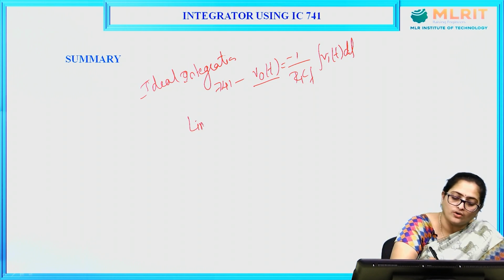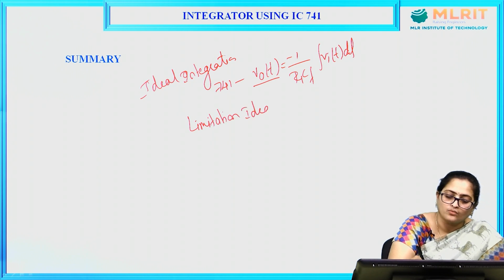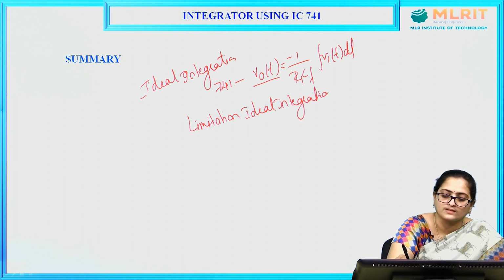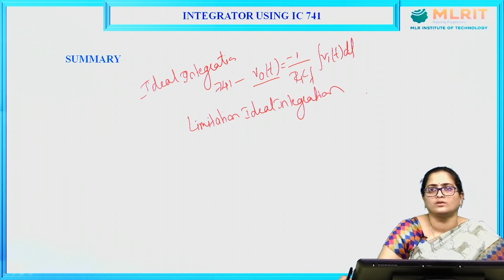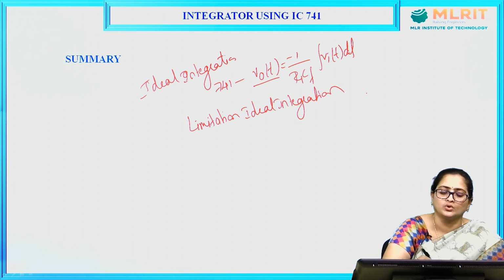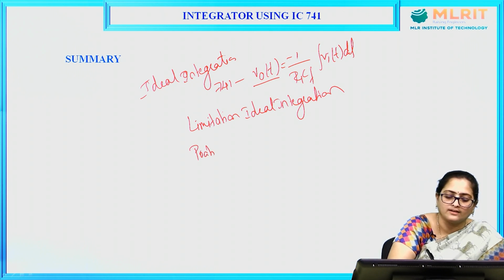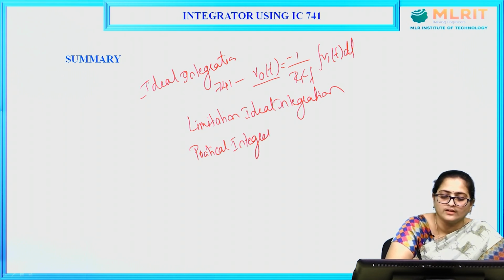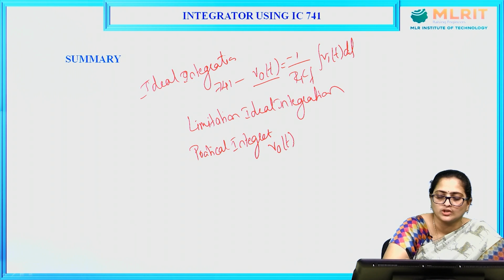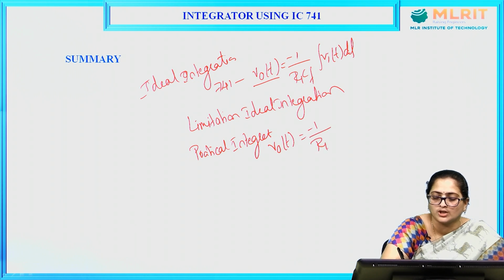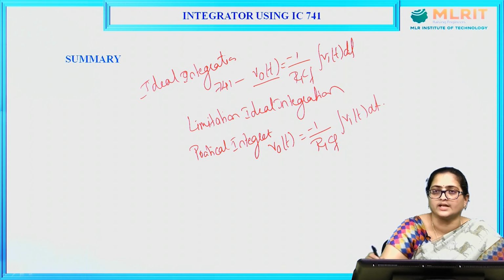We also discussed the limitation of an ideal integrator: you can use it only for low frequencies. So, in order to increase the bandwidth, you go with the practical integrator, where you have proved that the output voltage is proportional to the integral of your input voltage.